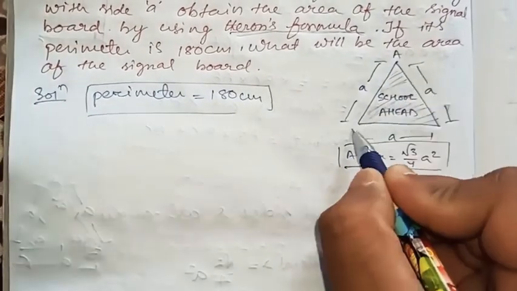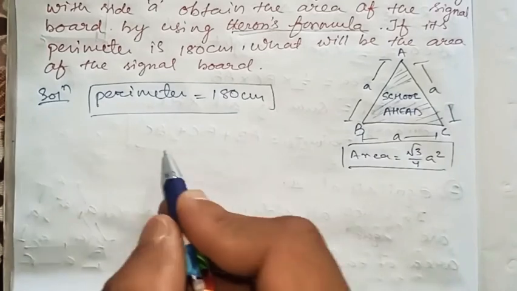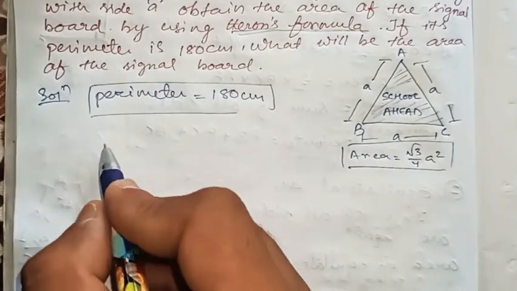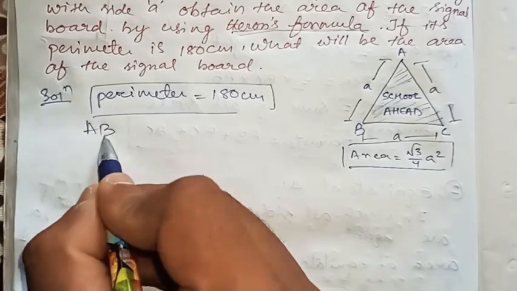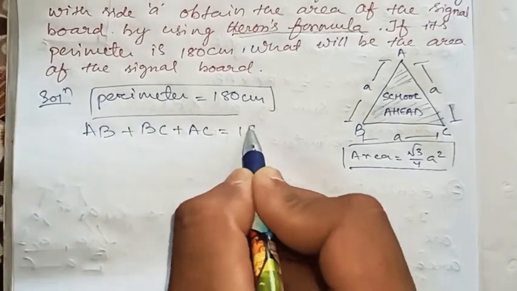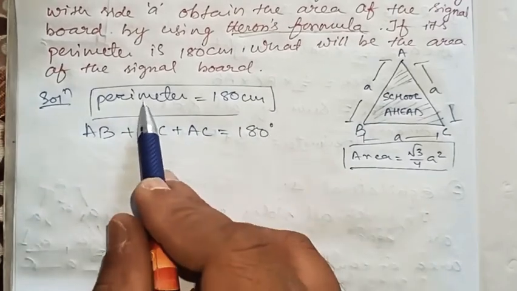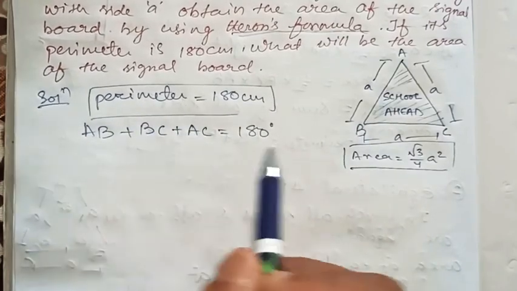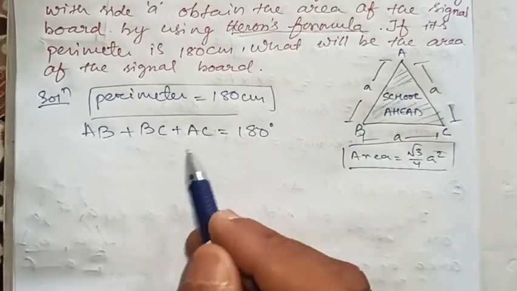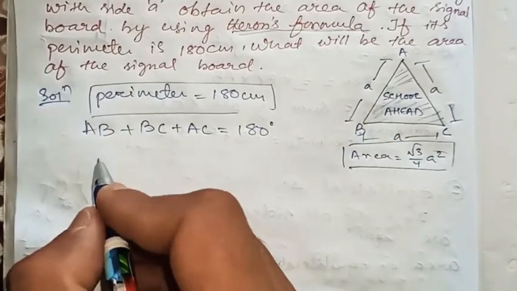Suppose the triangle is ABC. What is the perimeter? Perimeter is 180. The perimeter of a triangle is the sum of all the sides, that is AB plus BC plus AC equals 180. In place of perimeter I wrote the formula, sum of three sides, AB plus BC plus AC. Now what is AB? AB is a.